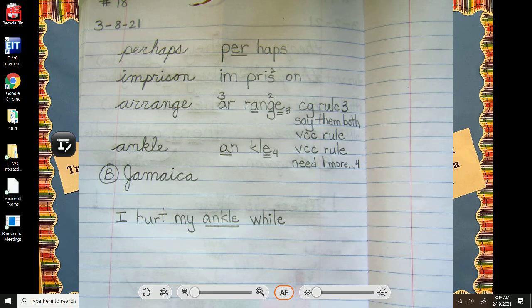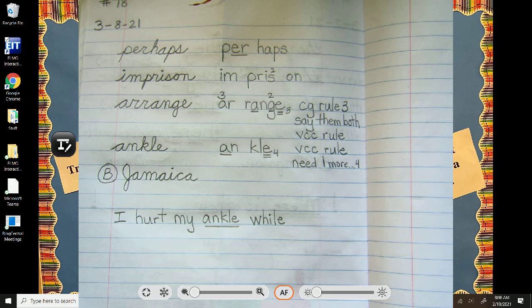What did you do while you were doing what? I hurt my ankle while snowshoeing. I hurt my ankle while climbing to the top of the hill when I was sledding.